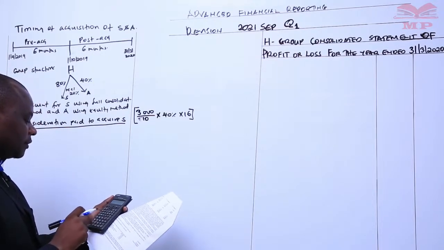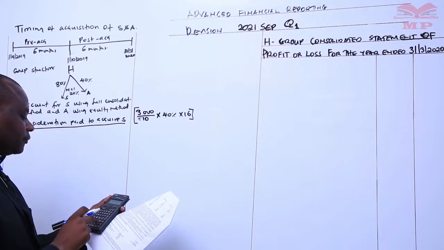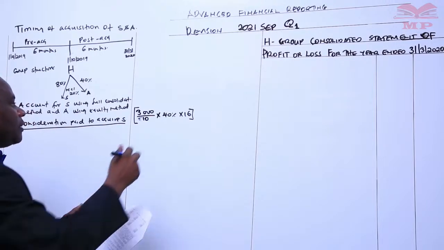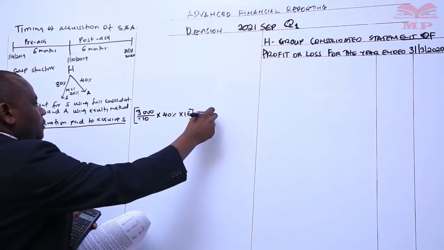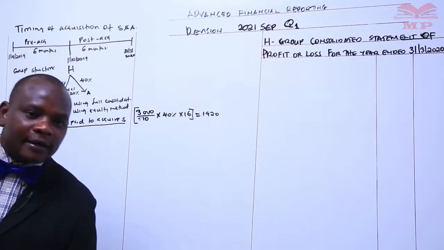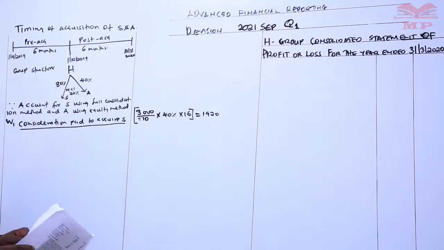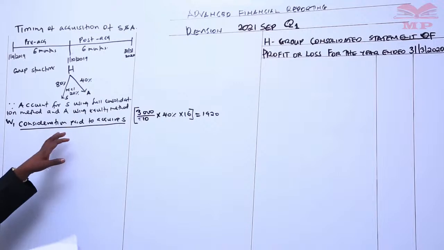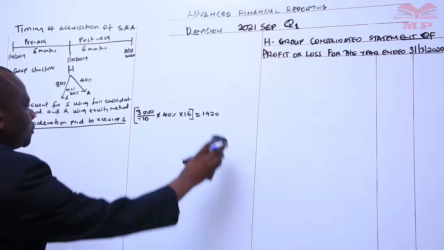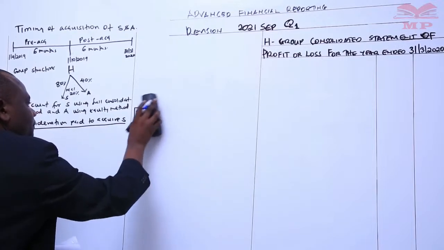So 3,000 divided by 10 times 0.4 times 16, you get 1920. So it has been already calculated and recorded. So it is the consideration paid to acquire S that you need to look for and record. Okay, so we proceed.